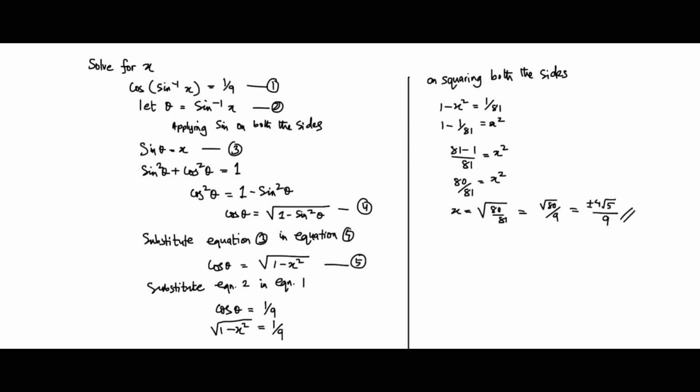So now these are the two values of x. One x value is equal to positive 4 root 5 divided by 9. And another value of x is negative 4 root 5 divided by 9. These are the two values of x, which becomes a solution for this question.